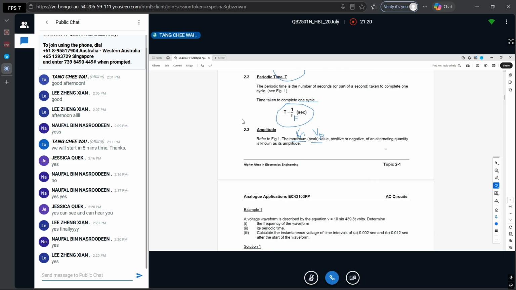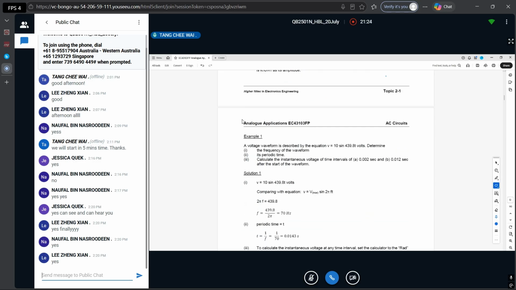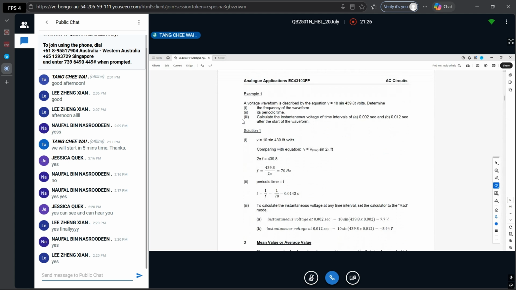Then we move on and start to solve problems using the sine wave formula. First, this is what is given. You write it down, and then of course you compare it with the general formula, and that's how you get this part, which is exactly here.